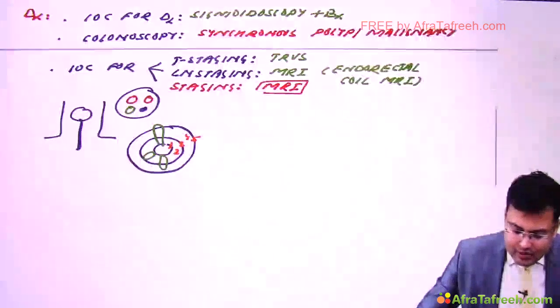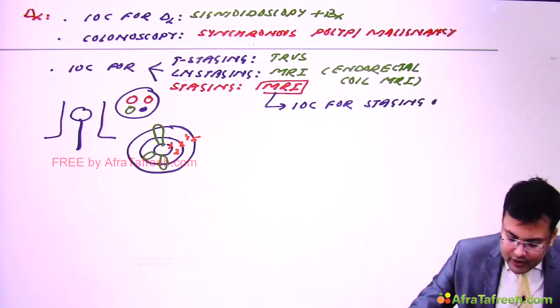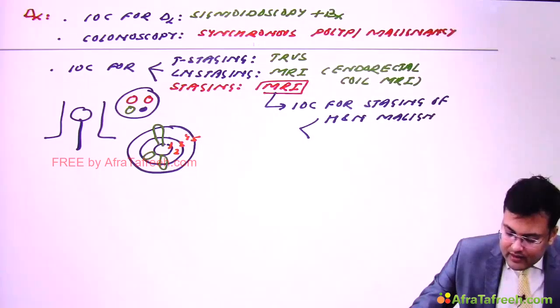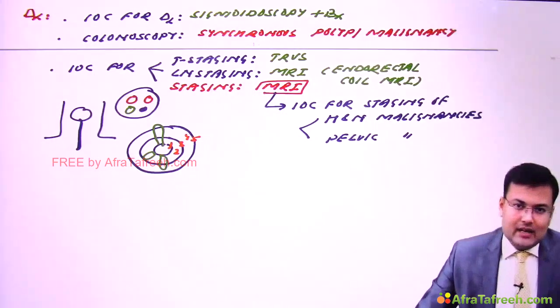So another important point related to MRI, that MRI is investigation of choice for staging of head and neck malignancies. Clear? So head and neck malignancies, and what else? Pelvic malignancies like carcinoma rectum, carcinoma bladder, carcinoma prostate.